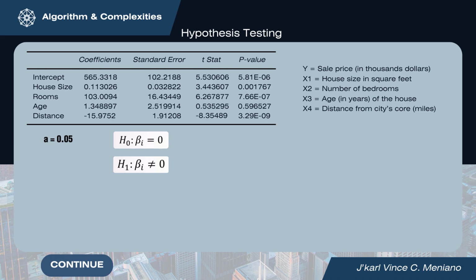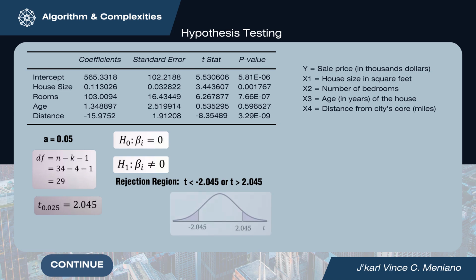As we saw earlier, the degrees of freedom is 29 and the two-tailed critical value is 2.045. In essence, we will reject the null hypothesis if the t-statistic is less than negative 2.045 or greater than positive 2.045. In other words, if the absolute value of t is greater than 2.045, we reject the null hypothesis.